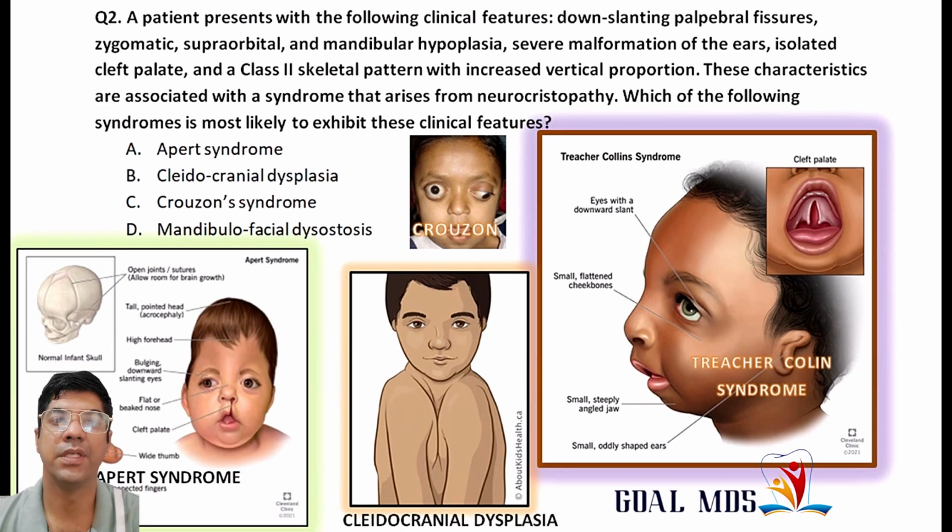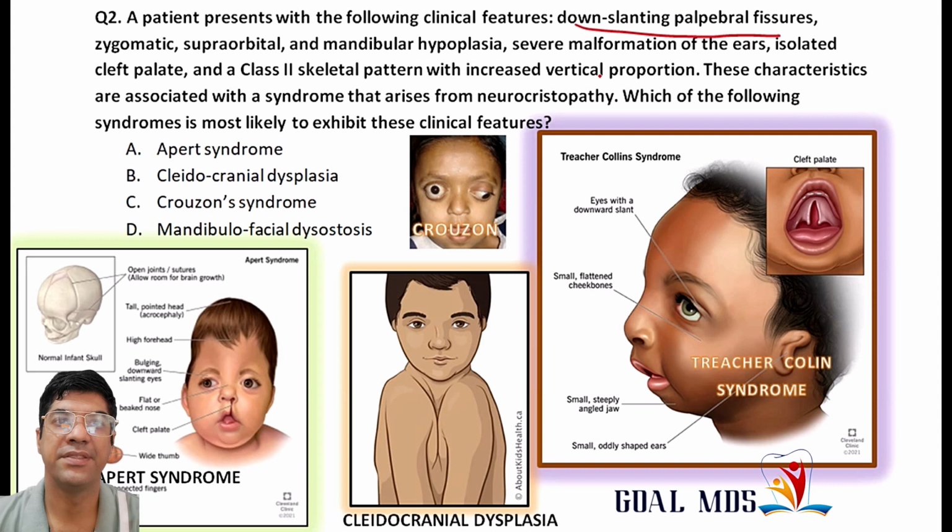Coming to the next question, a patient presented with the following clinical features: down slanting palpebral fissures, zygomatic, supraorbital and mandibular hypoplasia. There is malformation of ears, isolated cleft palate, and a class 2 skeletal pattern with increased vertical proportion.